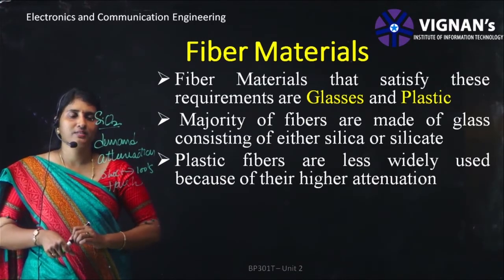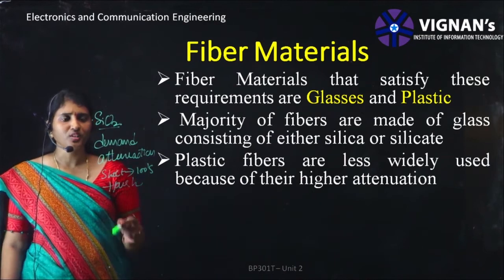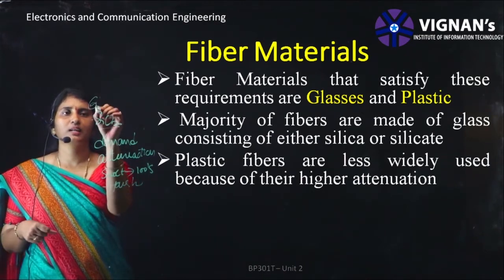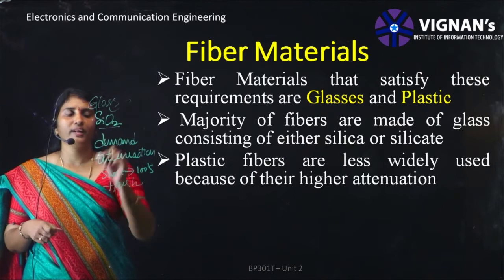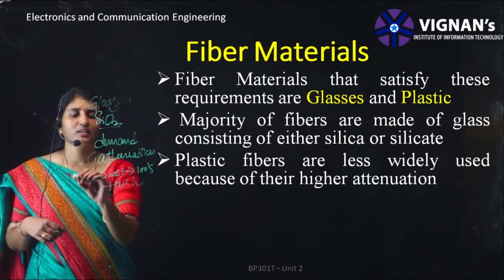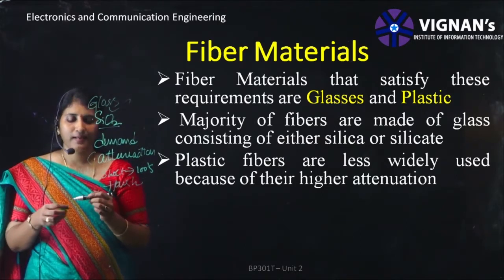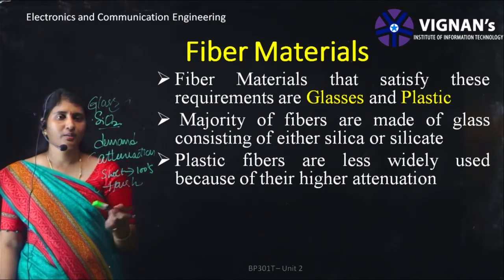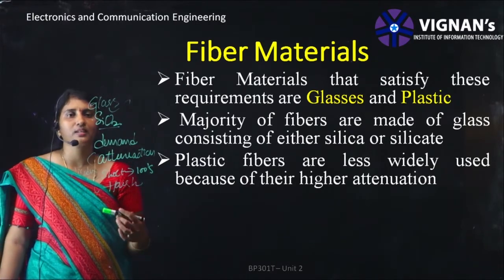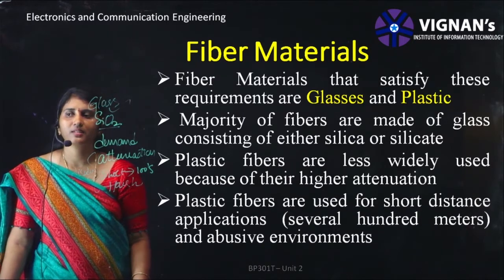That is the advantage of plastic fibers. But generally we go with glass fibers only because of their own advantages and because of the disadvantages of plastic fibers. In the coming slides we will be seeing the differences between glass and plastic fibers.